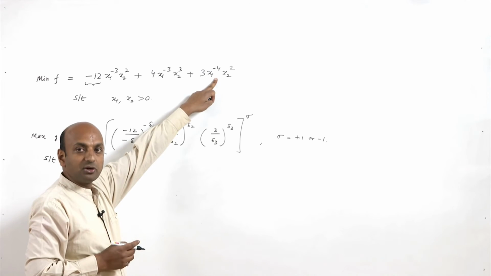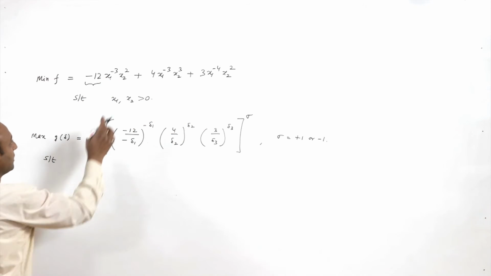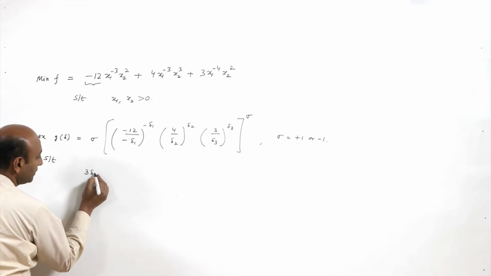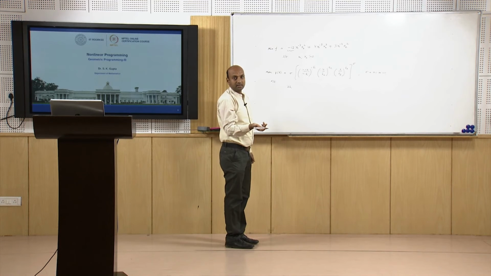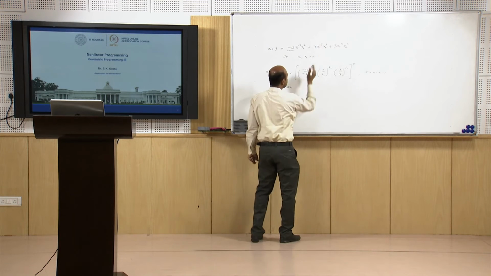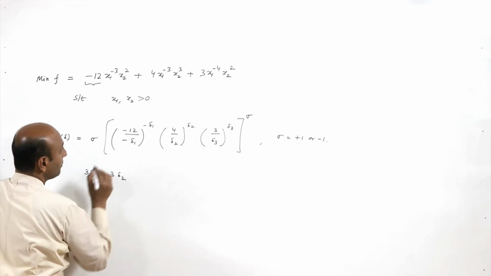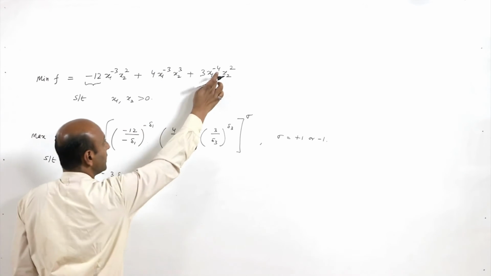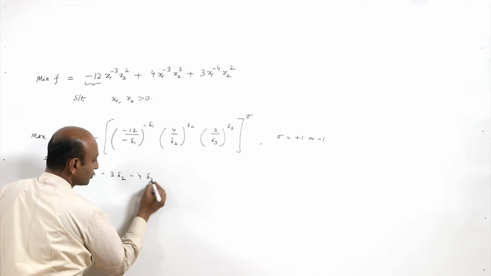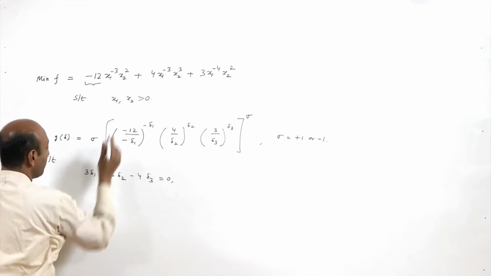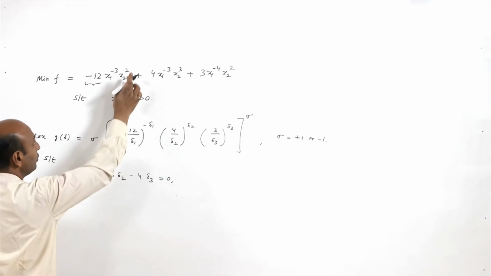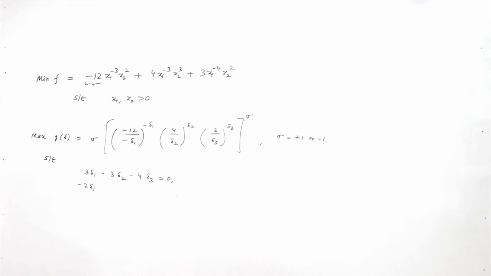Now, collect the coefficients of x1. For x1 it is 3 delta 1, because minus 3 into minus delta 1 is 3 delta 1. Here it is minus 3 delta 2, because delta 2 is positive, and here it is minus 4 delta 3, which is equal to 0. Now, for the second variable x2, we are having 2 delta 1, because corresponding to this term we are having minus 2 into minus delta 1.